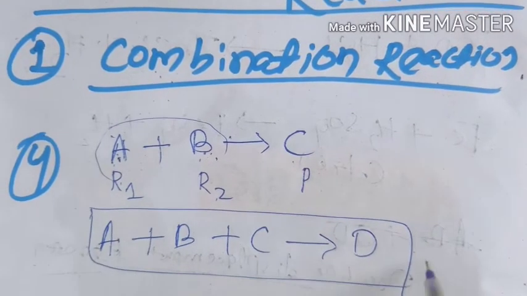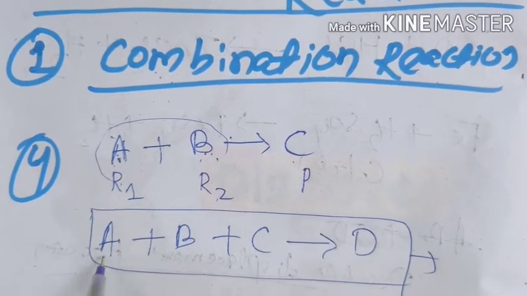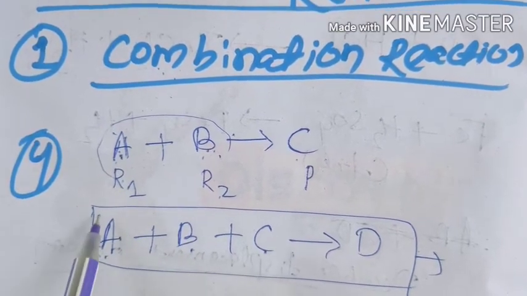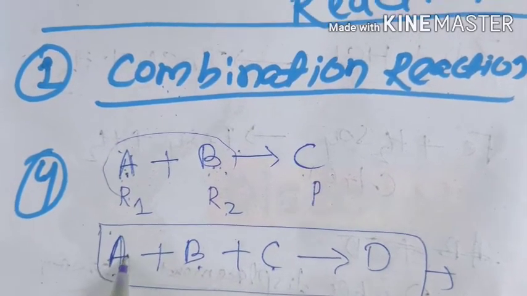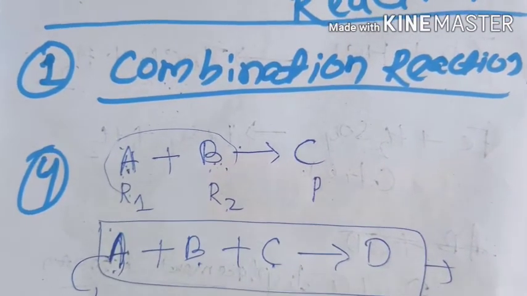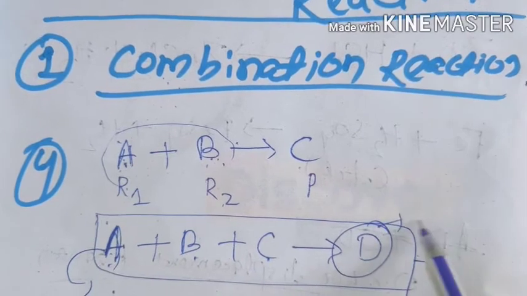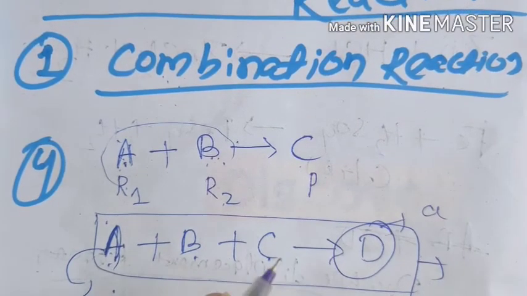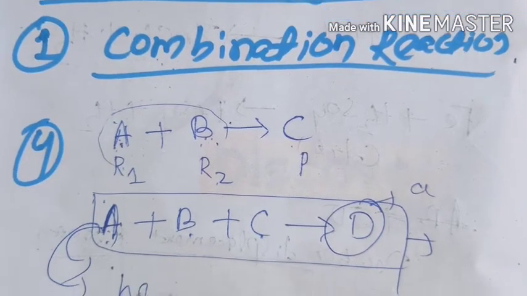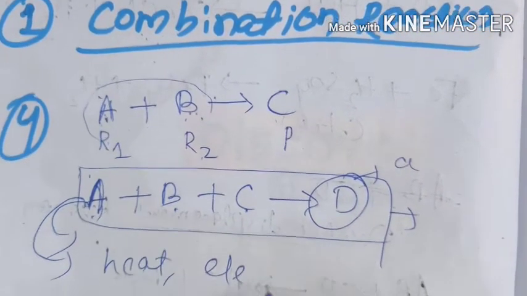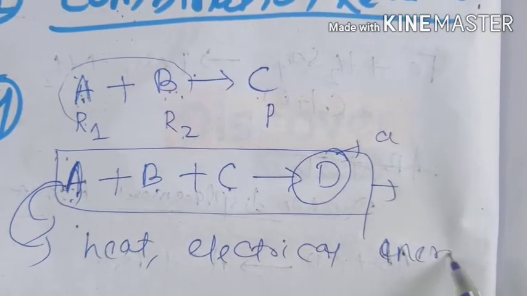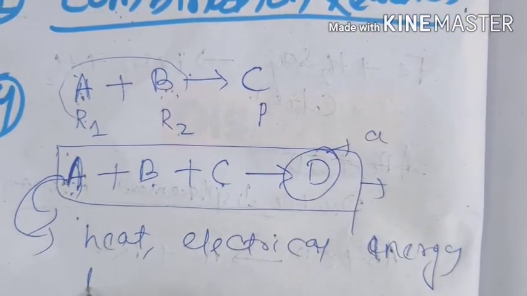In this chemical equation, three reactants are involved. In this process, the reactants break down their chemical bonds, and in the product a new bond is formed. That bond is produced due to the application of heat, electrical energy, light, or pressure.